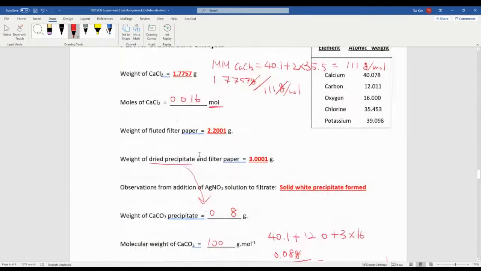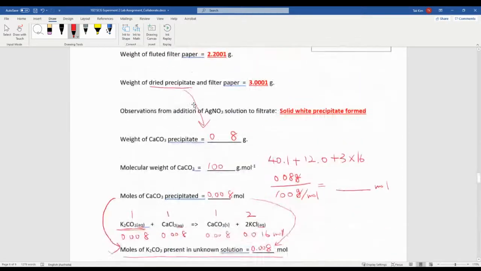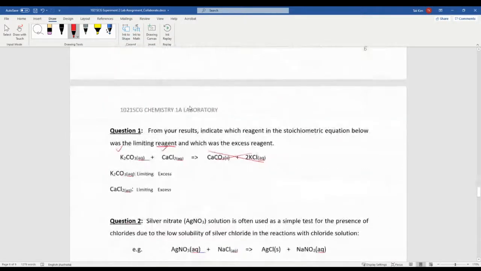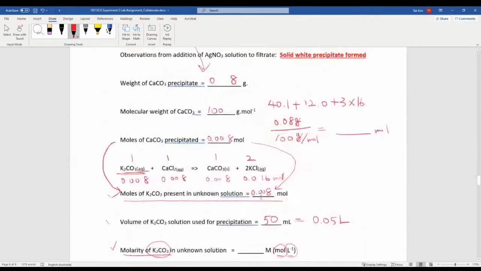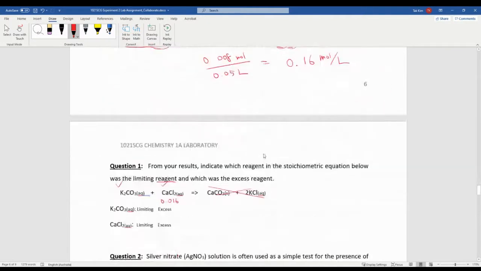So in the beginning, you started with 0.016 moles of calcium chloride. So the number of moles over here is 0.016, and the number of moles of your product was 0.008 or 0.08, right? Now you need to look at this stoichiometric ratio. It is a 1:1 ratio.